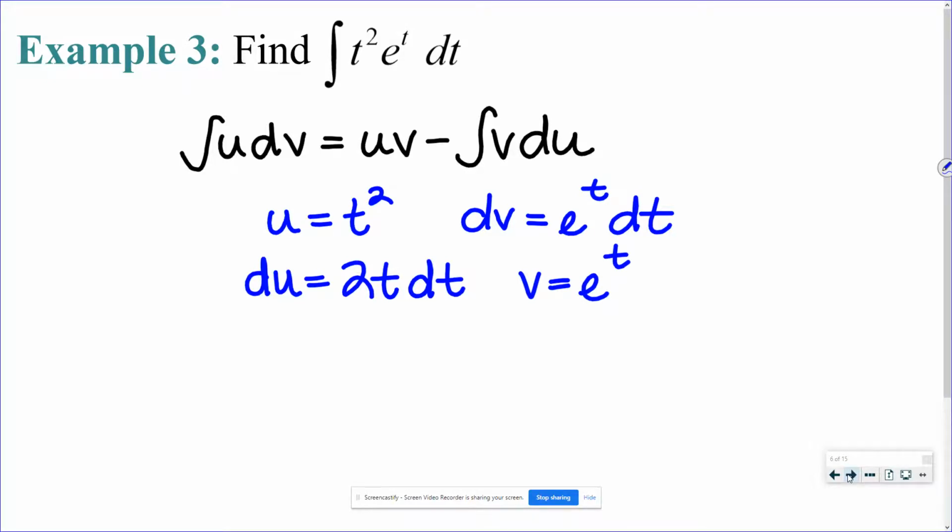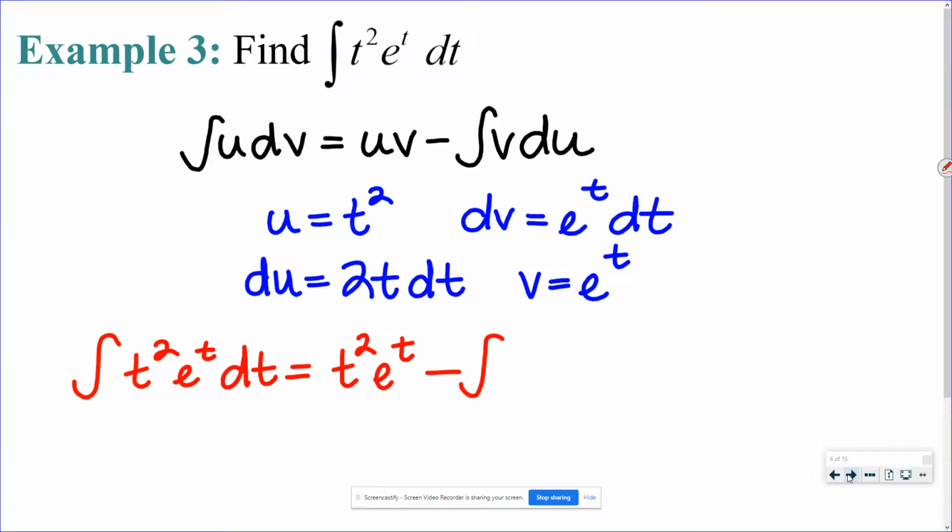Let's plug all this stuff into our integration by parts formula and see what happens. So u times v would be t squared e to the t minus the antiderivative of voodoo, which would be, if I rearrange a little bit, 2t e to the t dt.